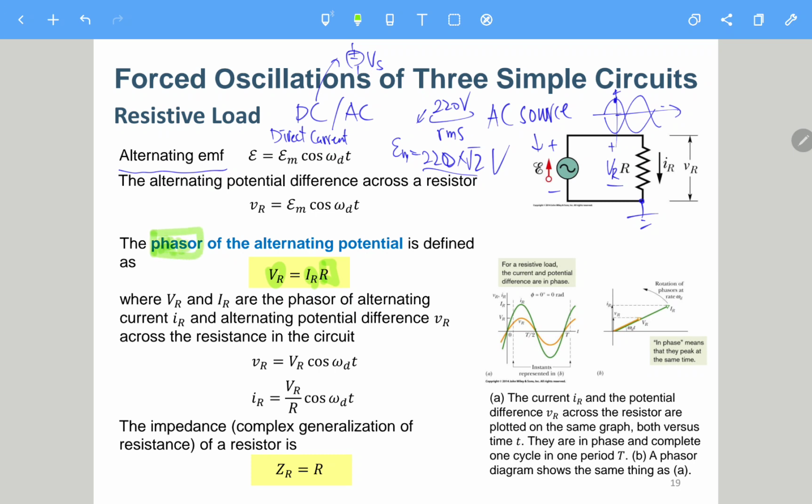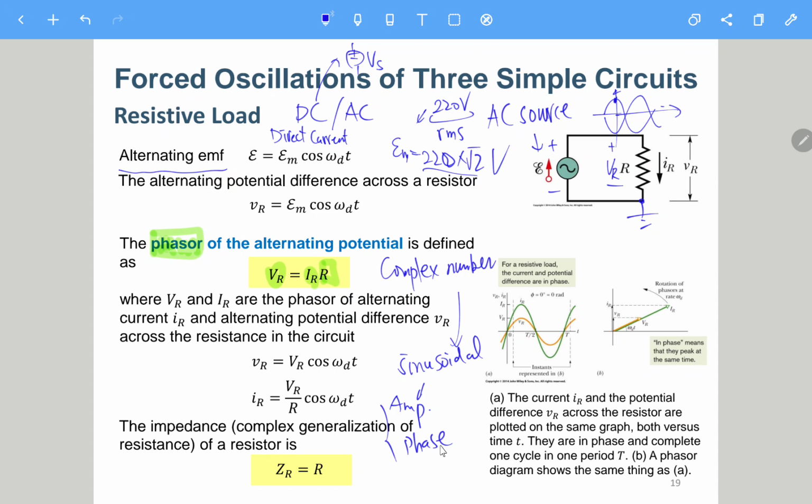The phasor means we try to use a complex number to represent a sinusoidal, 用一个复数的数字去代表一个正弦波. As you know, a single-frequency sinusoidal consists of two parts, an amplitude and a phase, 正负跟相位.